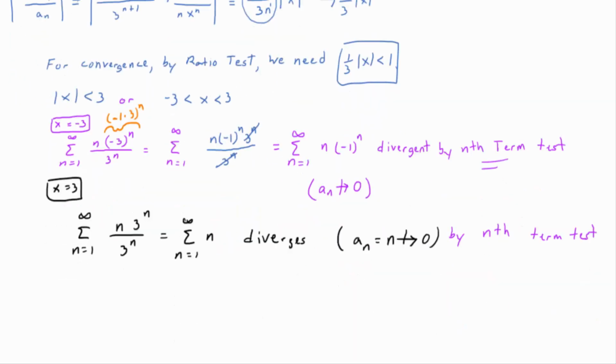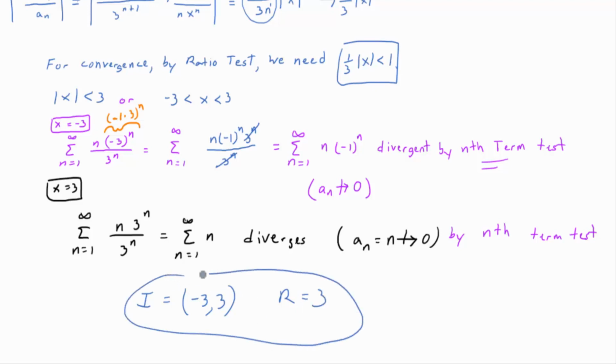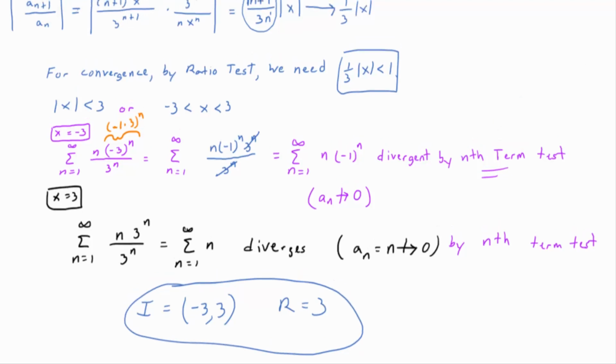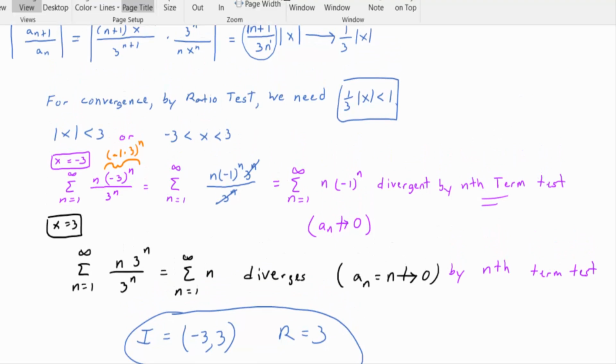So anyway, what's I here? -3 to 3, parentheses all around. What's R? Yeah, the difference between 3 and -3 is 6 divided by 2 is 3. So at least we got one where you didn't have R equals 1. I don't know, is this one any easier than the others? Everything's easier with the test for divergence.